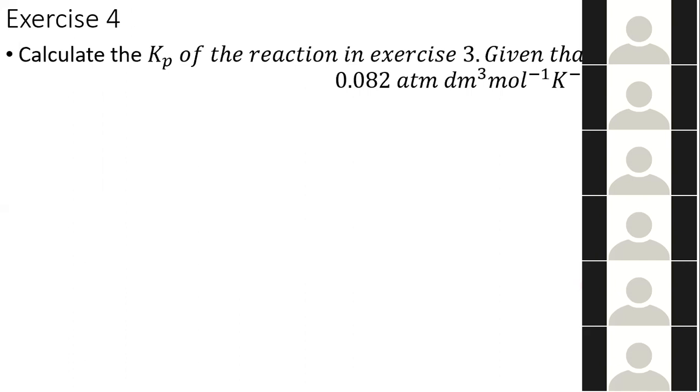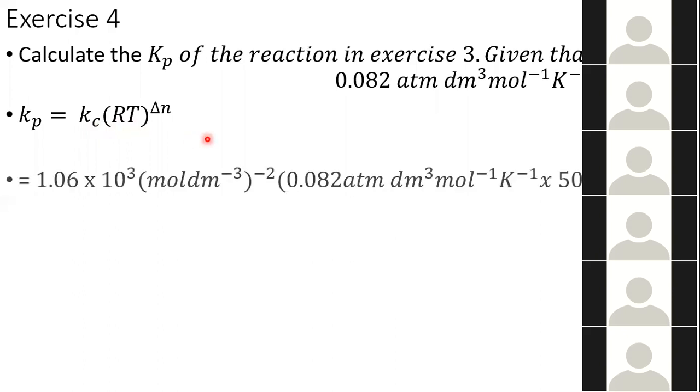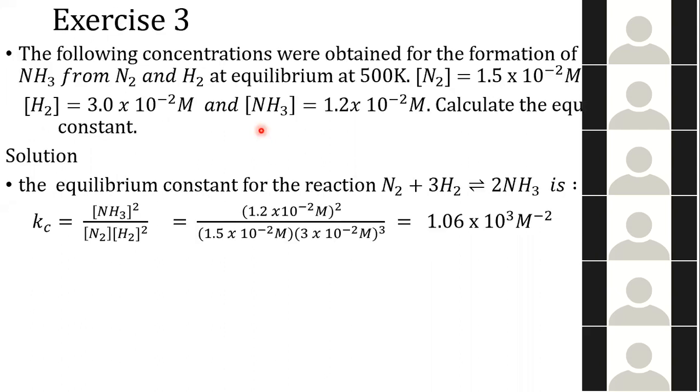Okay, our time is running up. So let's solve it together. We'll have to start with this relation. I believe you all started this week. Kp equals Kc (RT) to the power delta n, and I've already solved for my delta n, that is the change in number of moles.